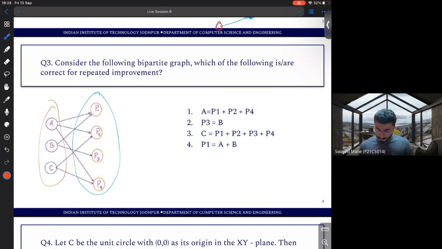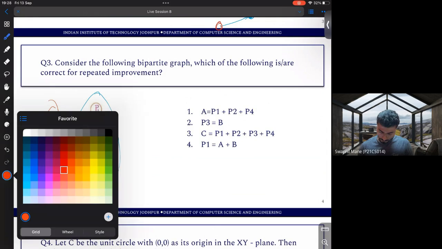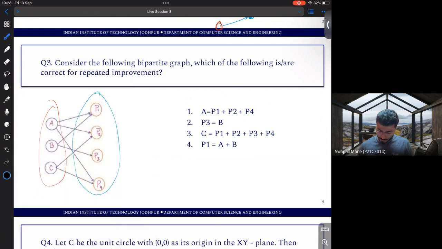So let's take A. This is a hub. So how are we calculating the hub score? Whichever nodes it is pointing to, here you can see it is pointing to P1. So it is taking the P1 authority score. What is its value? There is some value for this particular P1, right?